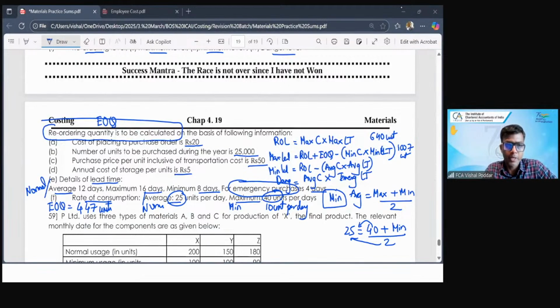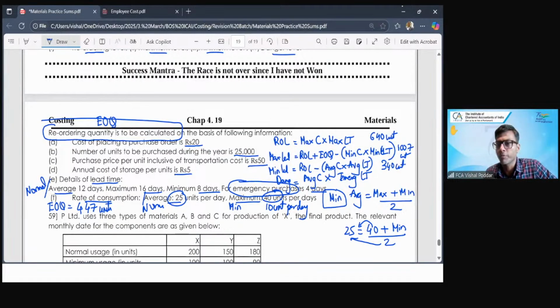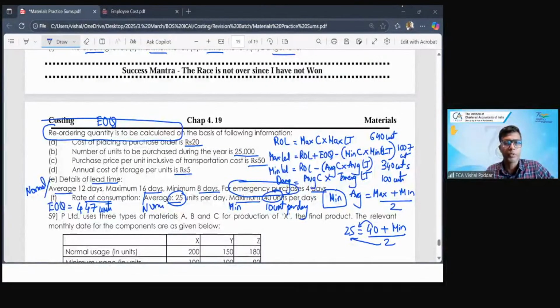Okay, Avni has given me danger and minimum level also. So I'm writing, others may please confirm. So 340 and 100. So these are the answers: 640, 1007, 340 and 100. Students, please check, confirm. Yes, Tejashri has confirmed. Tejaswin has also confirmed.